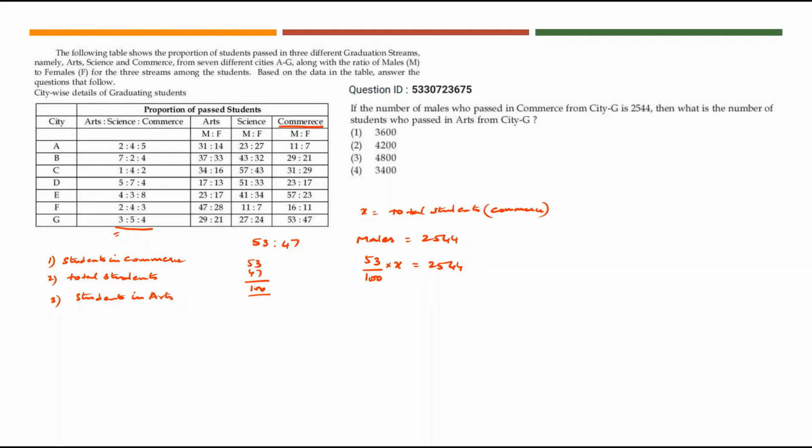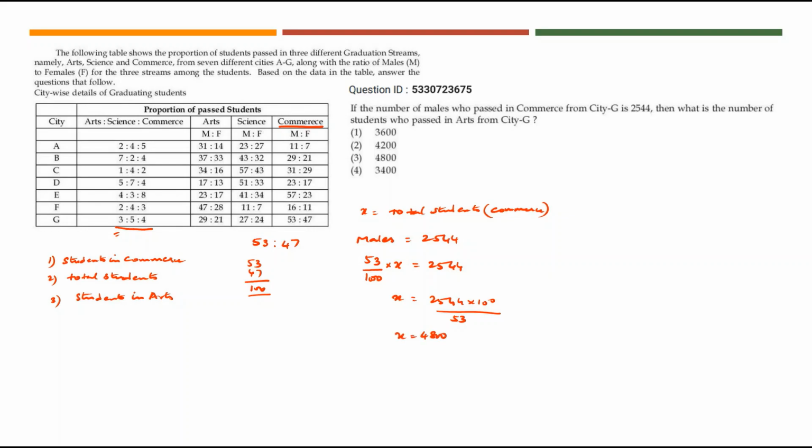So when you have a ratio of 53:47, 53 divided by 100 of that whole number will give you 2544 for male count, and 47 by 100 into the total count will give you the female count. x is equal to 2544 into 100 divided by 53. This will give a value of x is equal to 4800.